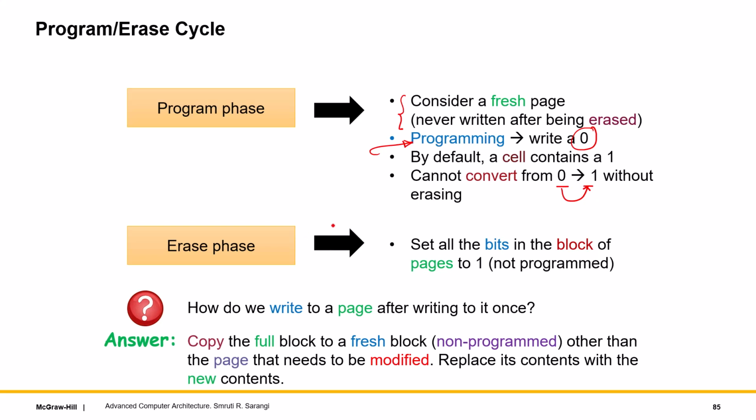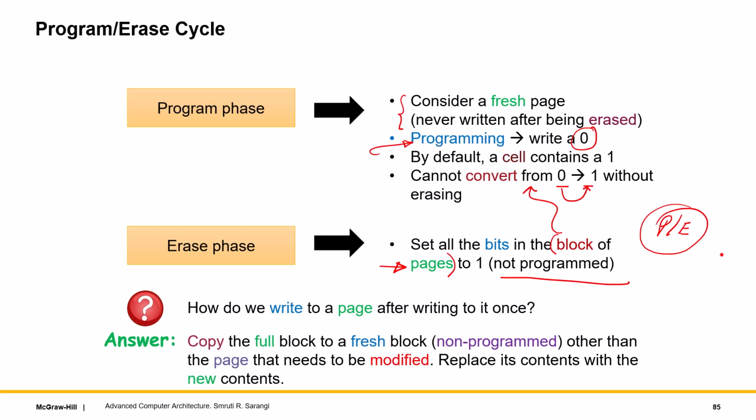The erase phase, on the other hand, is when we take a block of pages, not a single page, but a block of pages. This is very important. And we set all of the bits to 1 in the not programmed state, such that we can subsequently write. So that is unfortunately the reality of a flash device, that we have these PE cycles, program erase cycles, where you program and then you erase, then again program, then erase, then program, then erase, so on and so forth.